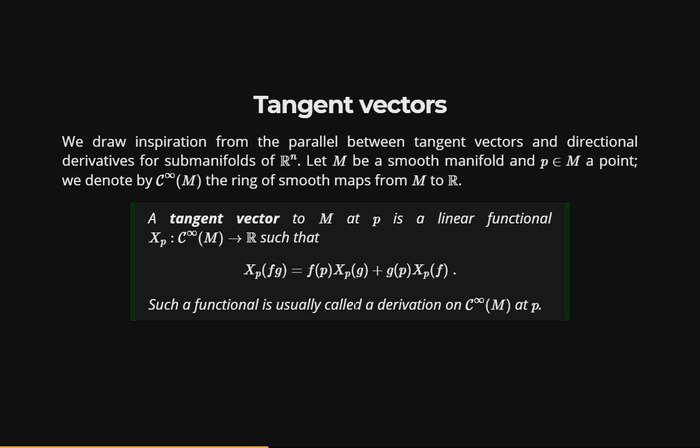The derivative of a product is one function times the derivative of the other plus the other thing. Such a functional, something which takes a function and gives you a number related to a point p, is called a derivation at p. It's not a derivative, it's a derivation, but it's the same thing. This is an abstract algebraic way to define derivatives.